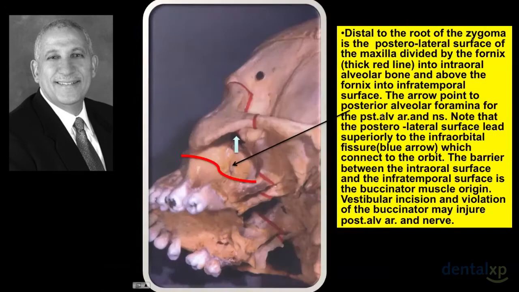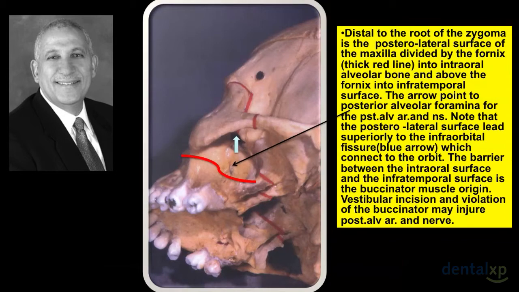Next slide, I marked the vestibule. That's the line marking the vestibule. Inferior to that, you have the alveolar process. Superior to that, we have the anterior wall of the infratemporal fossa, and the arrow points to the infraorbital fissure, like I told you.